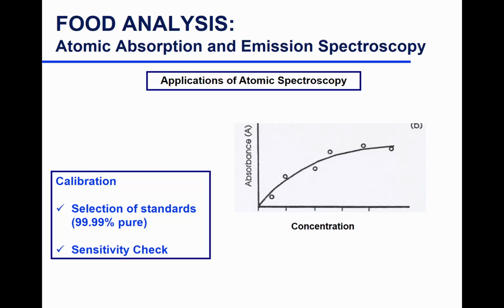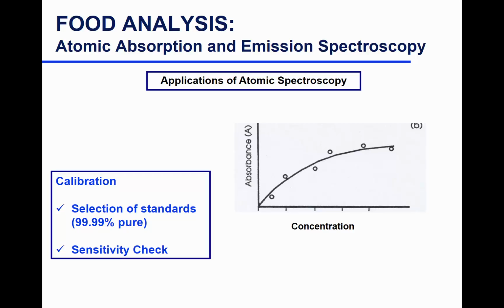And you don't want to measure way below the sensitivity of your detector, way below the threshold of detection. So you want to work in the area where you are sure that it's a linear relationship and within the threshold of the instrument.